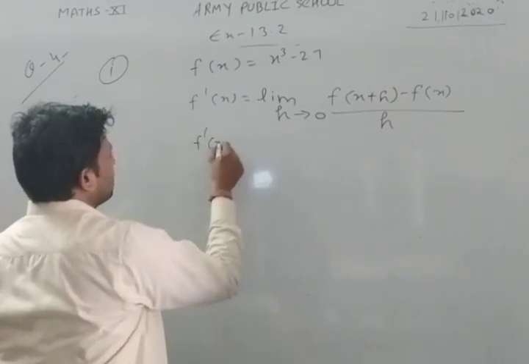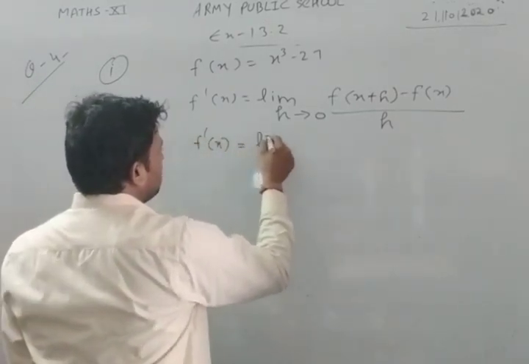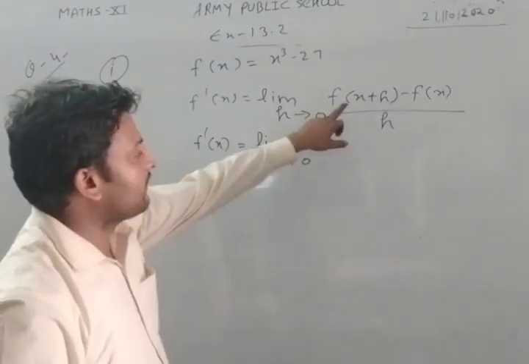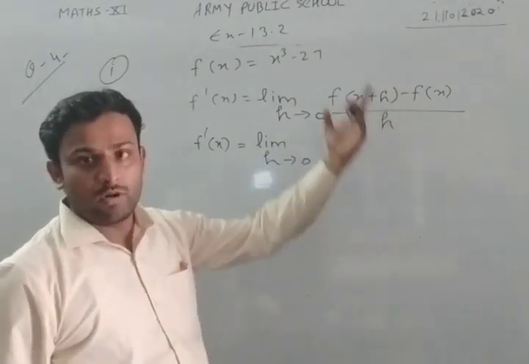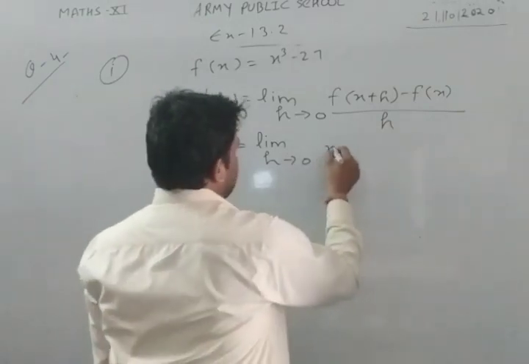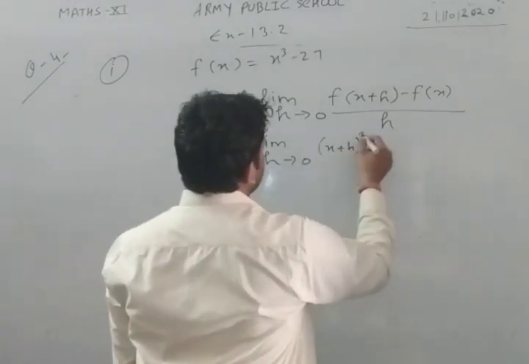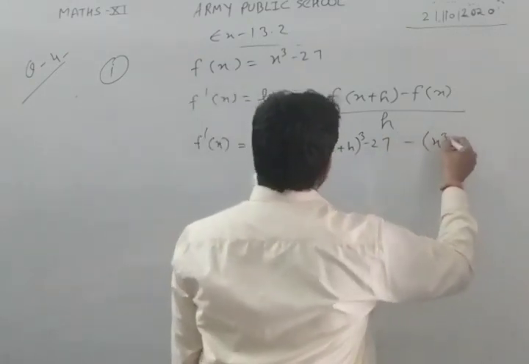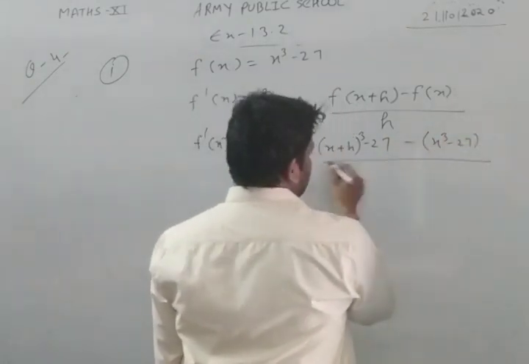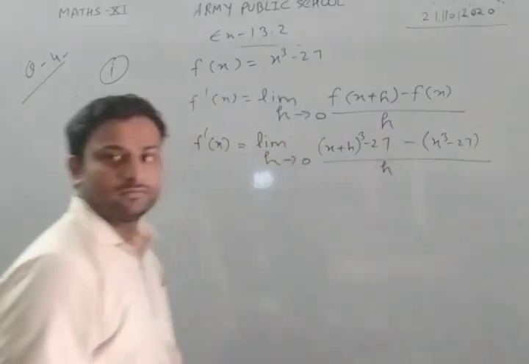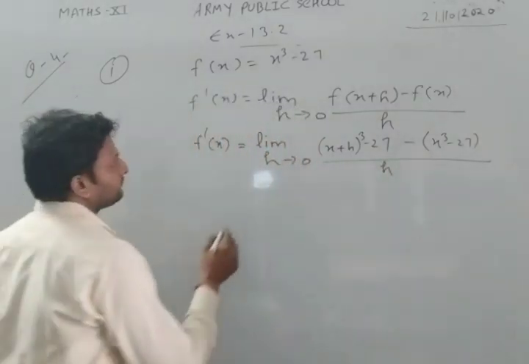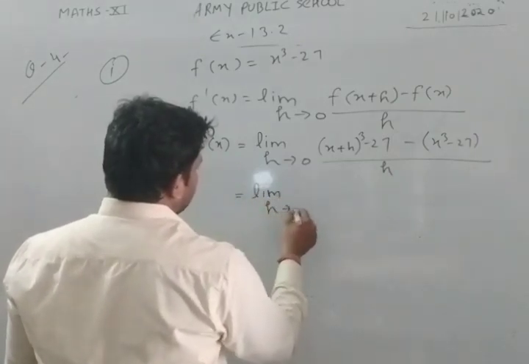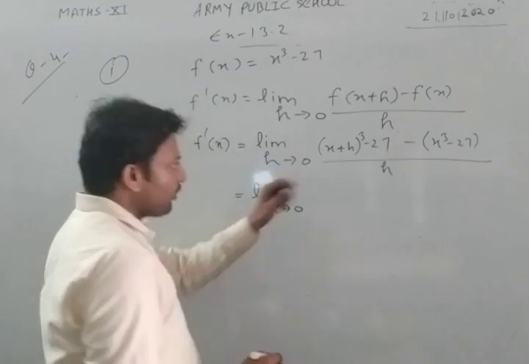So f dash x is equal to limit h tends to 0. So function of x plus h will be what? (x plus h) whole cube minus 27, minus (x cube minus 27), divided by h. Okay, no doubt. Now limit h tends to 0. Now open it.